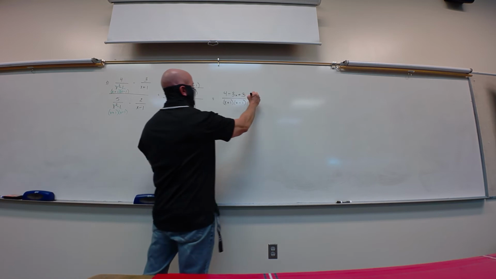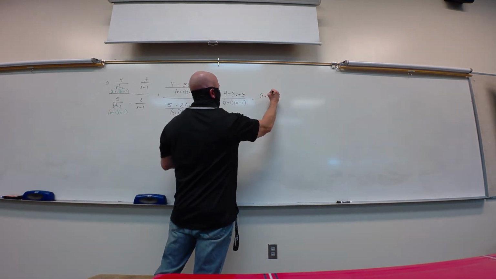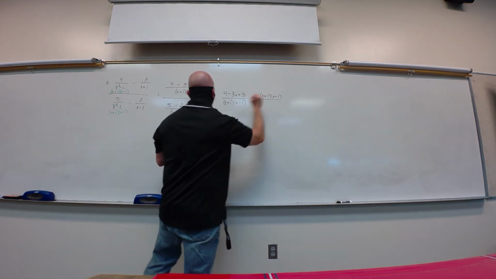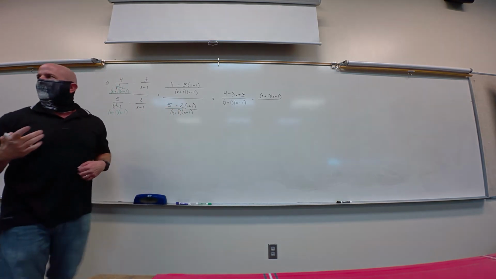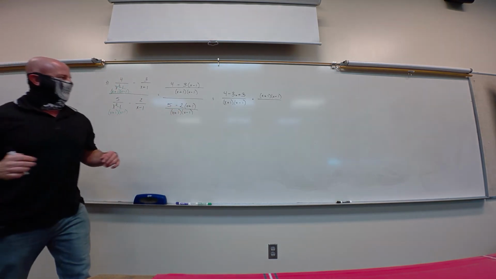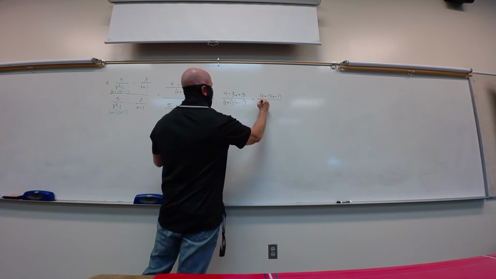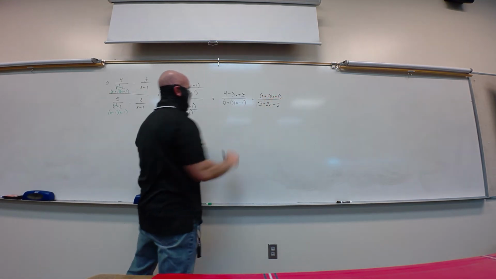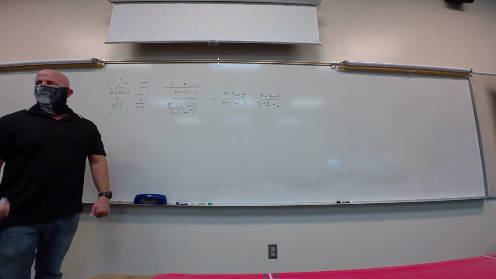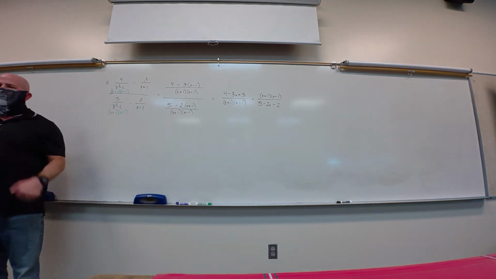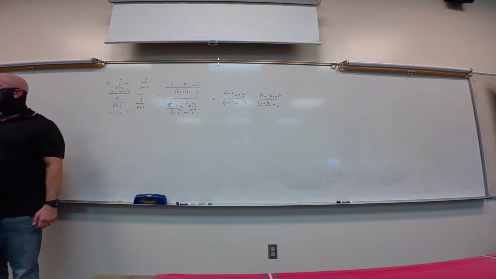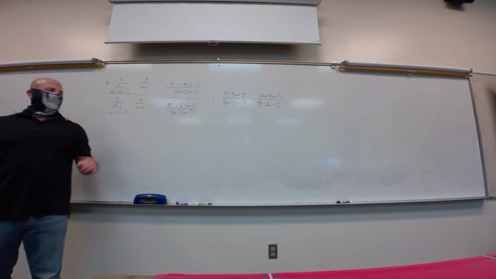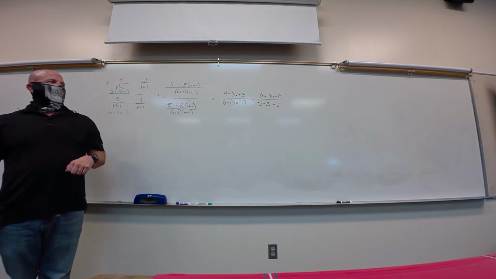Times x plus 1, x minus 1 on top. Remember, we're inverting and multiplying. Now here comes the bottom. Distribute the negative 2. 5 minus 2x minus 2. And we've got some cleaning up we can do here, but I've got to get it situated. I have it the way I want. I've inverted that bottom one.